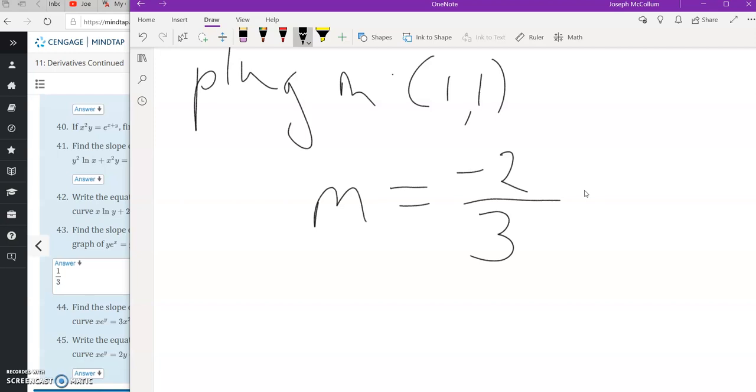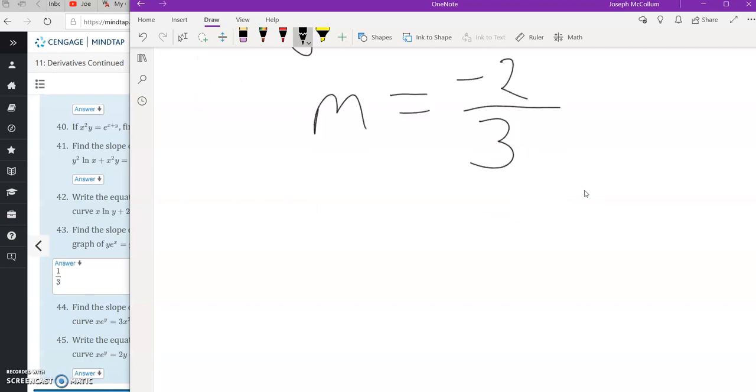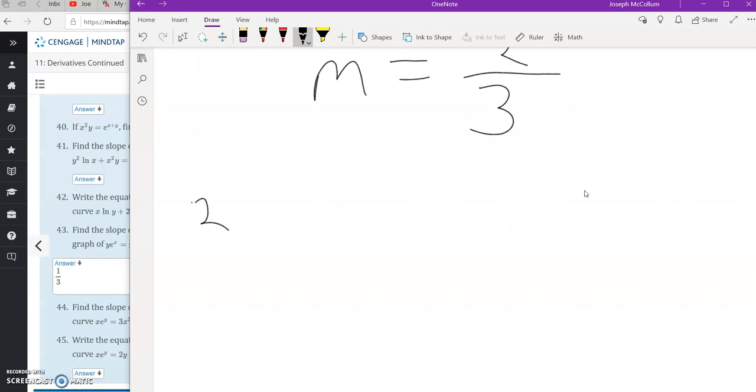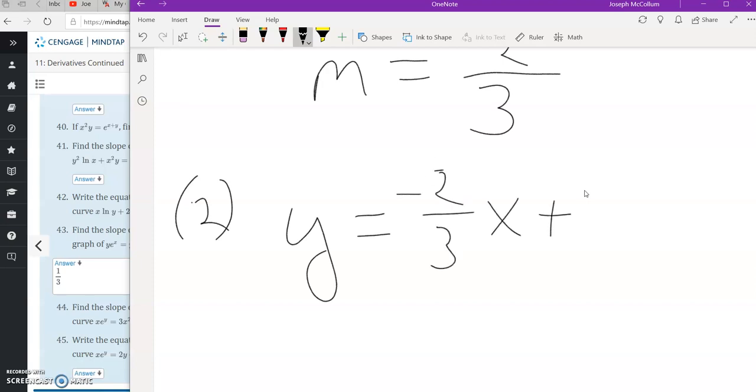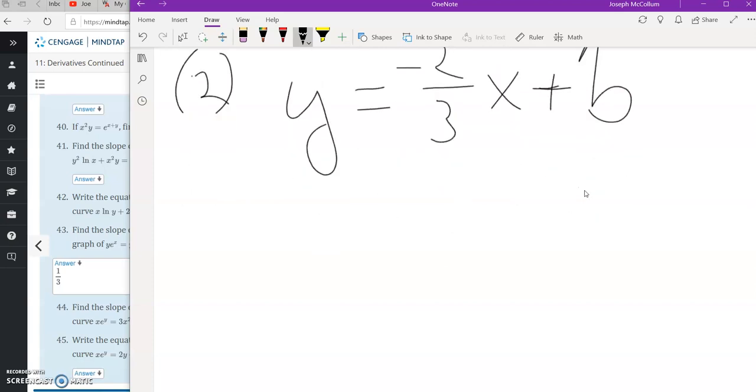Now that we have the slope, we move on to the second step of the equation of a tangent line. We know, so far, the equation of the tangent line is y equals negative 2/3 x plus b. Now we need to find b. To find b, we normally need a point.